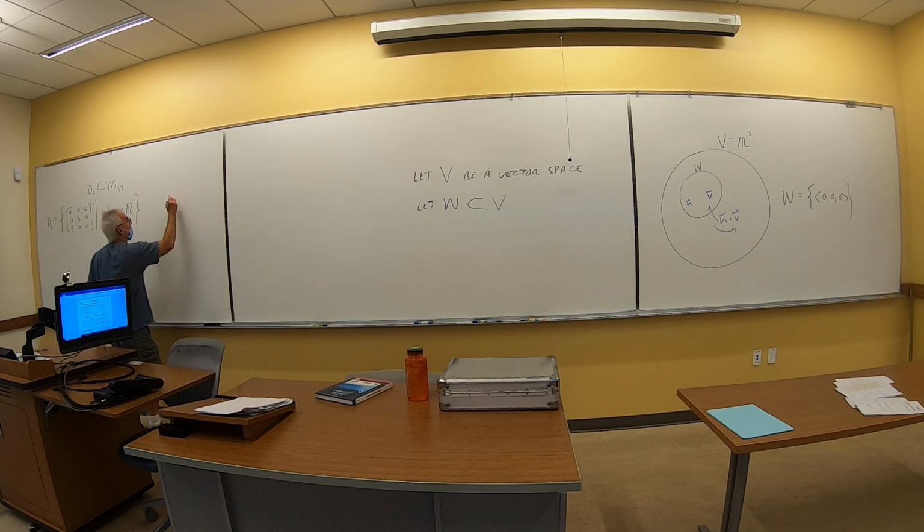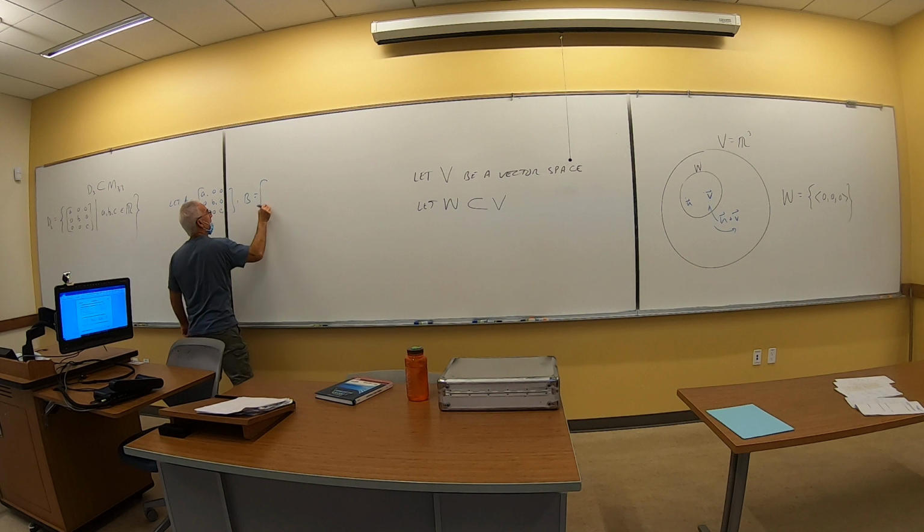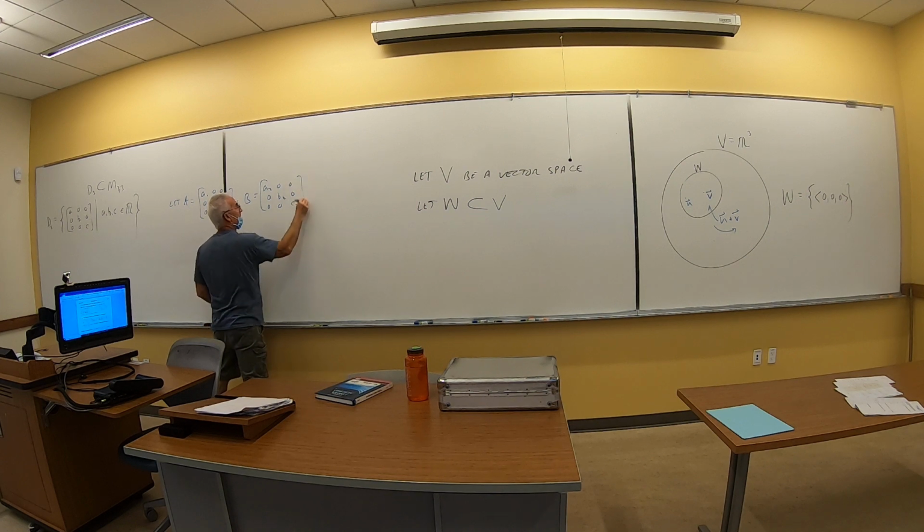So let's create 2 matrices. How about we let capital A be A1, 0, 0, 0, B1, 0, 0, 0, C1. And let's call capital B, how about A2, 0, 0, 0, B2, 0, 0, 0, C2.